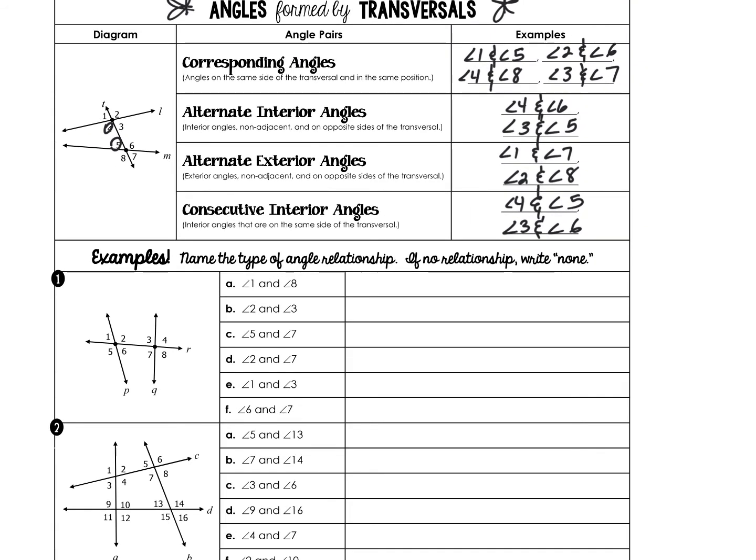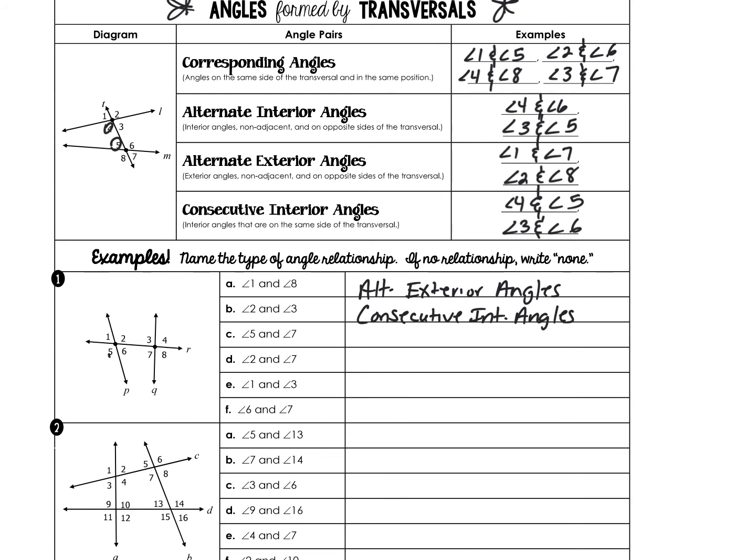Okay, so here we have a couple examples where we just need to name what they are. Angles 1 and 8. These are alternate exterior angles. Okay, angle 2 and angle 3. Those are consecutive interior angles.